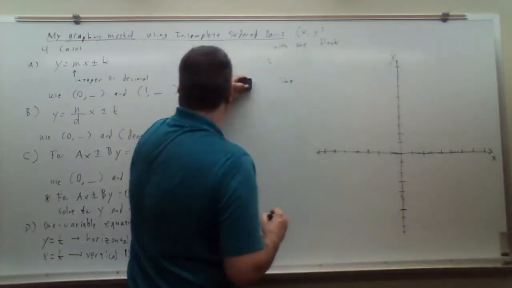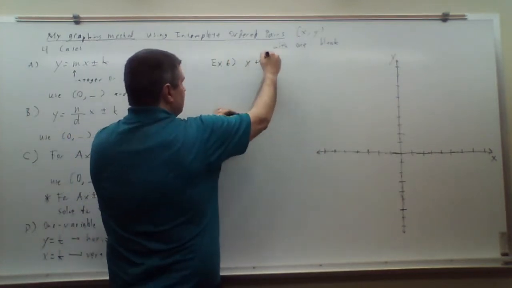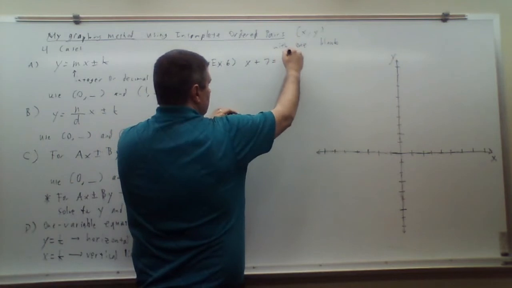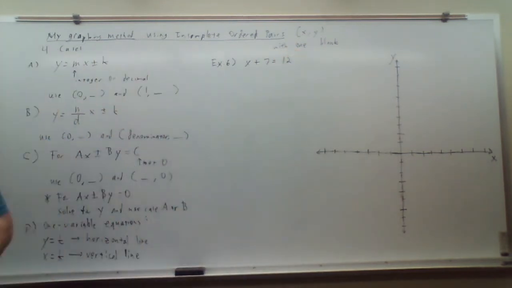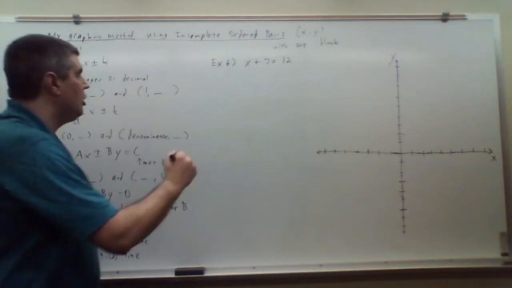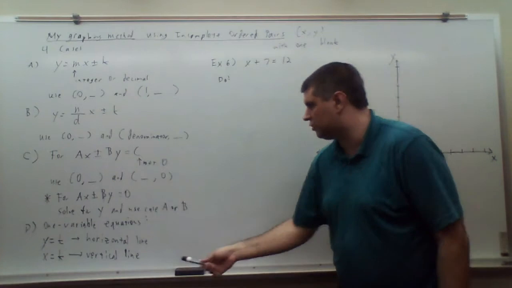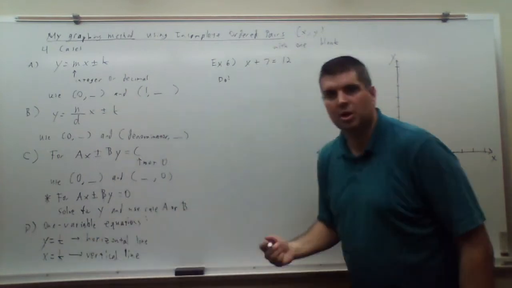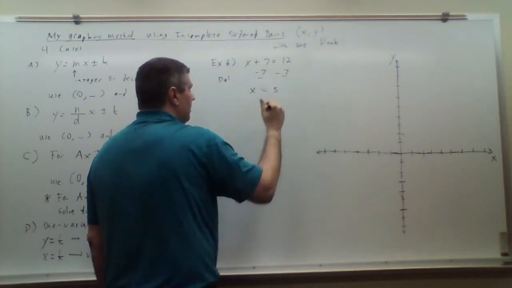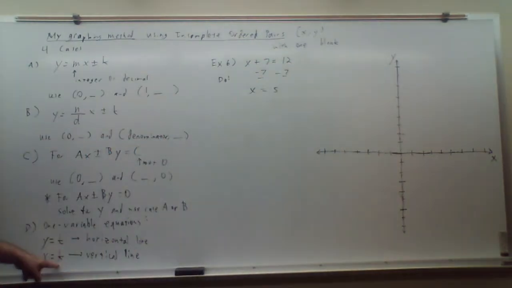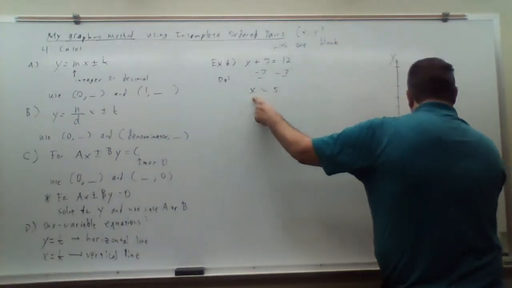So here's example 6. X plus 7 equals 12. Again, you're graphing this in two variables. First of all, it's a one variable equation. So let's get x by its lonesome. I would subtract the 7, and x equals 5. That's going to be a vertical line at x equals 5. So all the x coordinates will be 5.